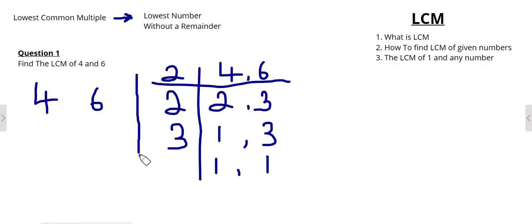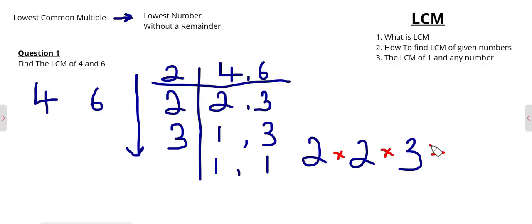So we have 2, 2, and 3. So what do you do? Remember, all you need to do is to add a multiplication sign in between them, and your answer becomes your LCM.